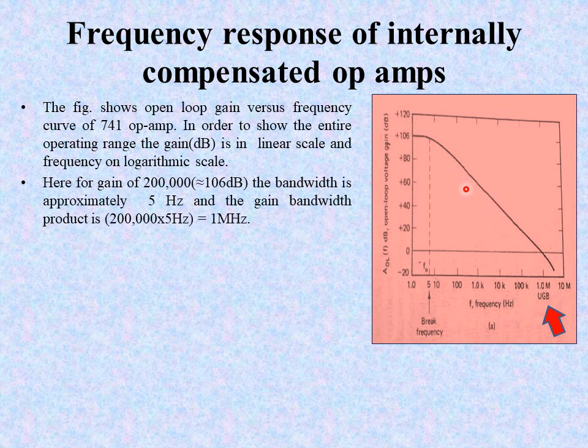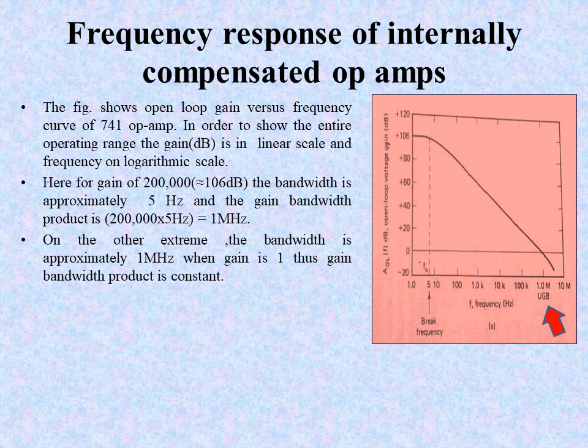It starts decreasing before, but it is almost constant till 5. So when the gain is 2 into 10 raised to power 5 or 106 decibels and the bandwidth is 5 hertz, the gain bandwidth product will be simply the product of the two, and it comes out to be 1 megahertz.